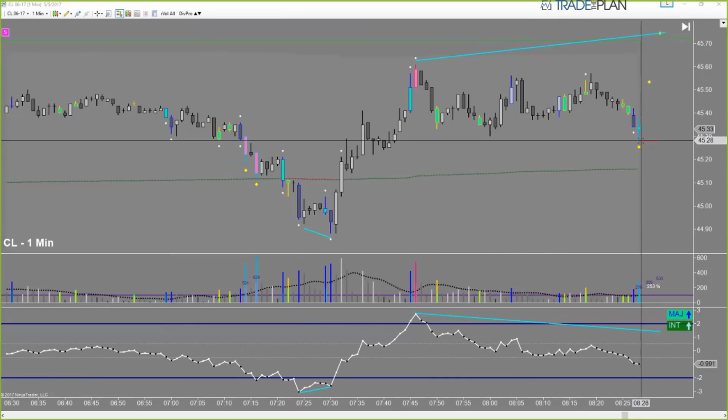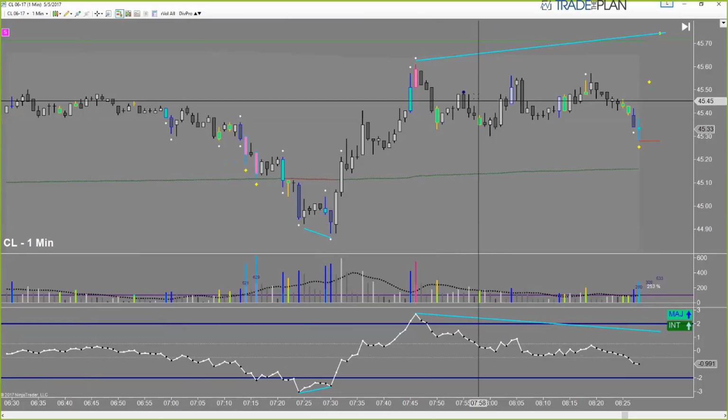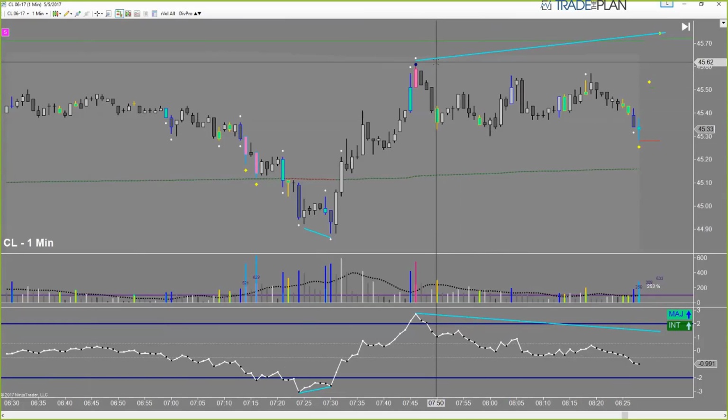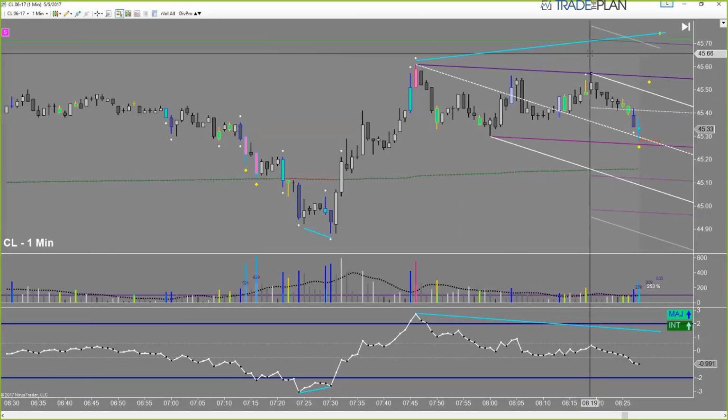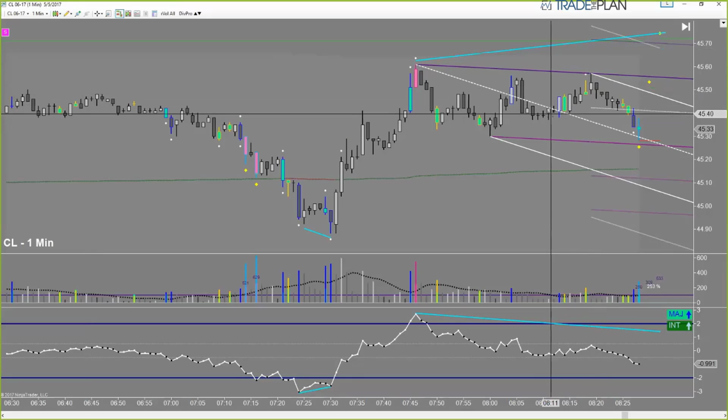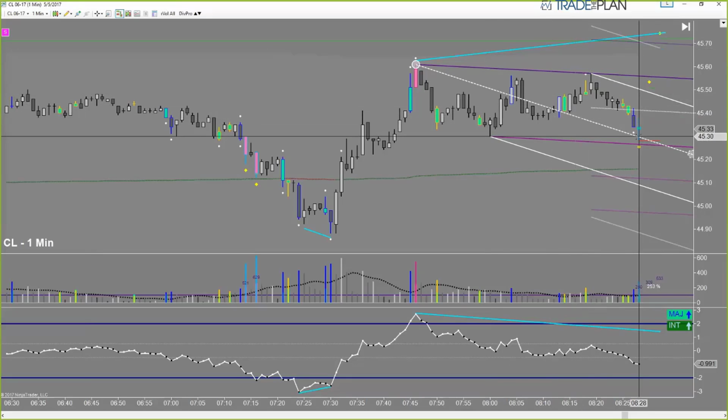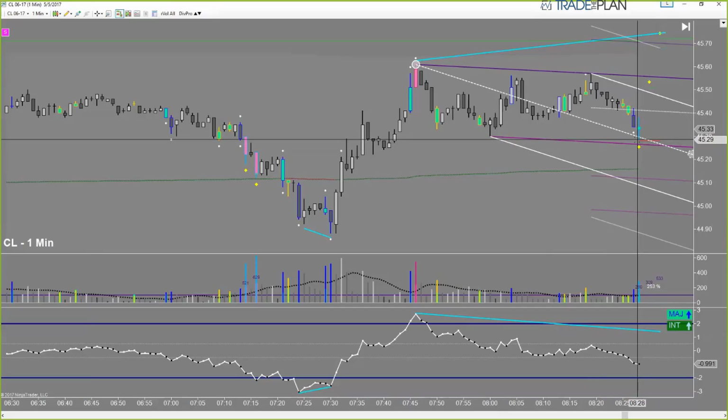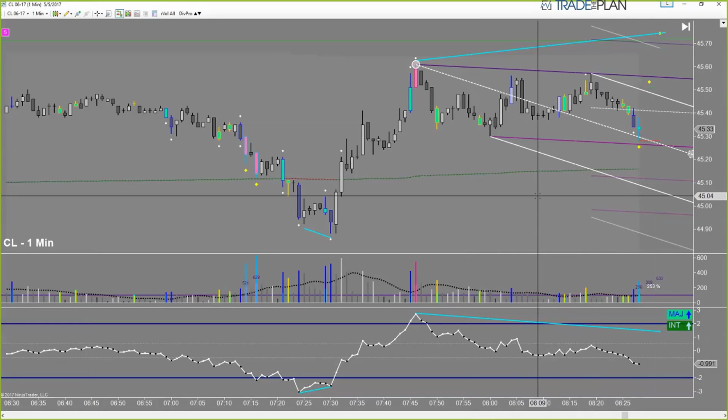So there's obvious demand coming in there. That's what's so awesome about the volume. It shows you all of this without having to think about it. And we've come down to the median line there. Not quite to the channel, but it's only a tick off of it, 1 tick exactly. So, you know, for all intents and purposes, that's a perfect symmetrical channel.